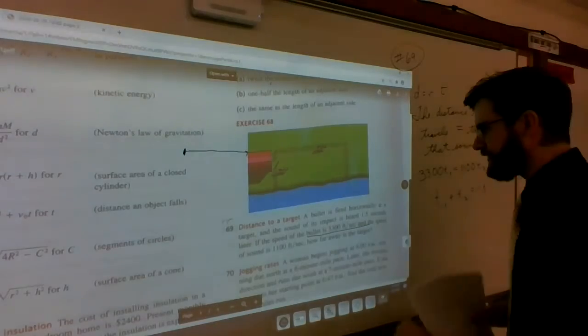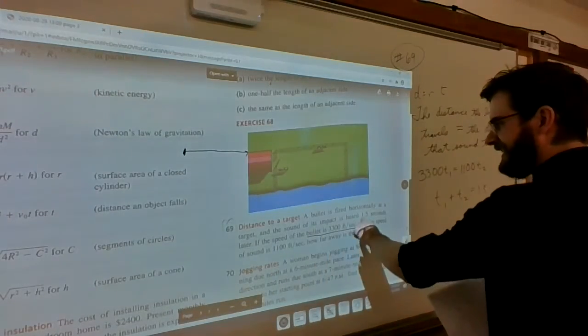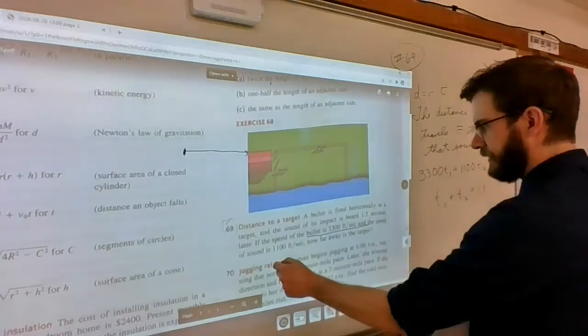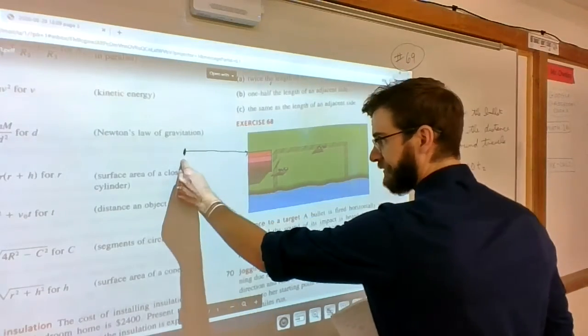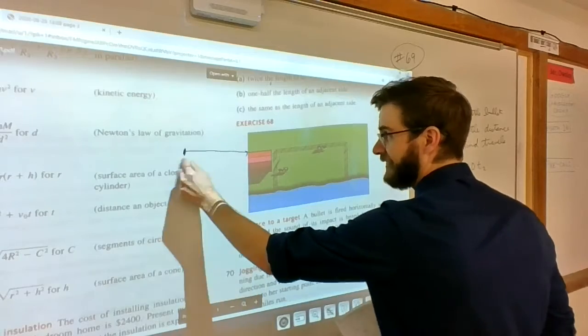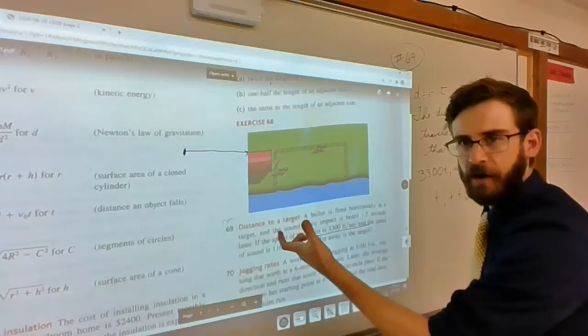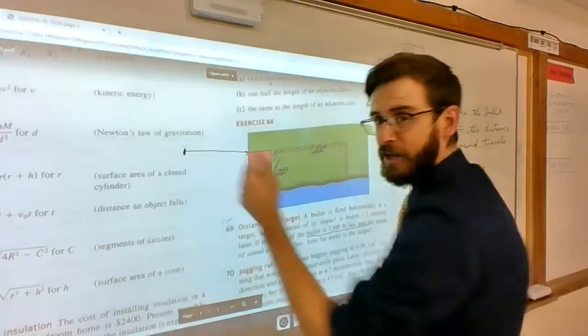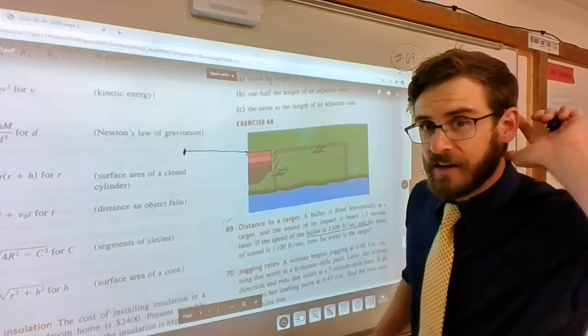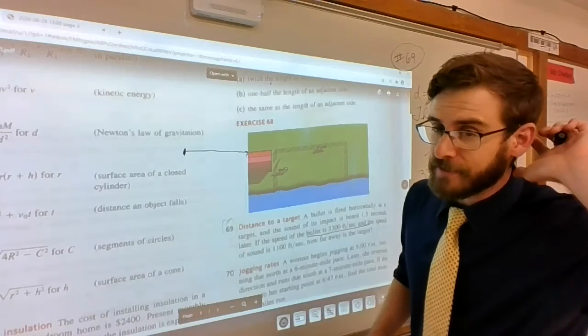Why? Because they're saying 1.5 seconds after the gun is fired, after the bullet starts traveling, so 1 Mississippi and a half. That was the time that the bullet left the gun and the sound came back to the shooter's ear.